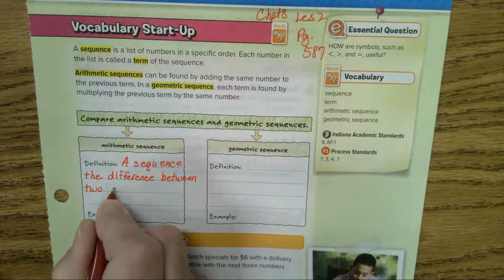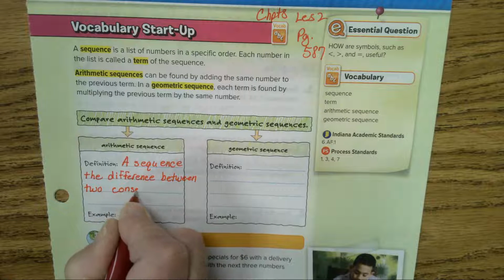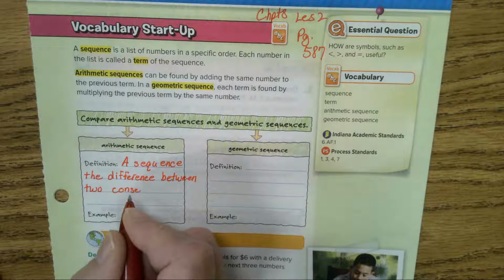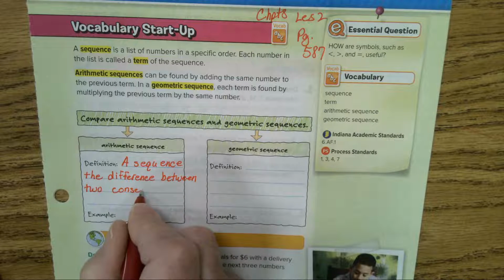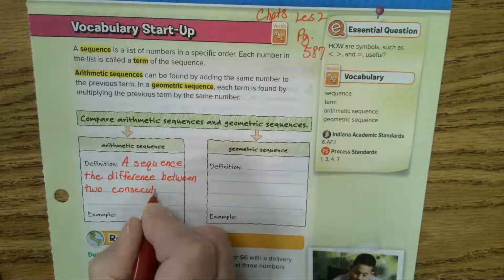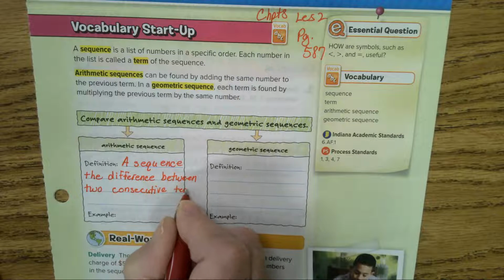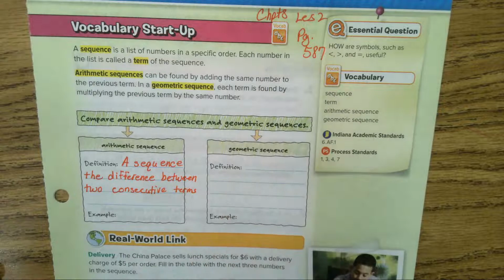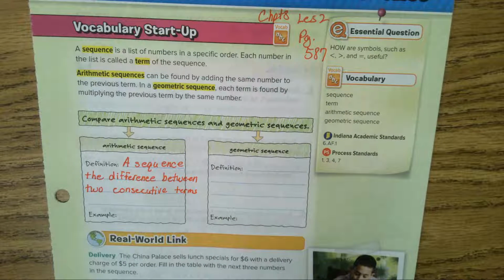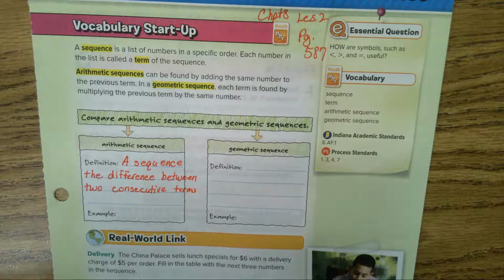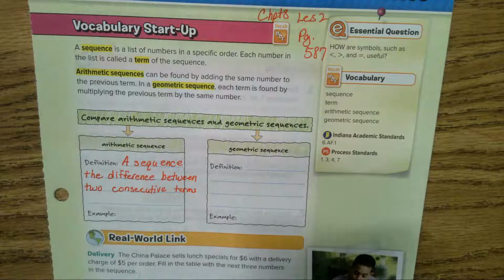Now, does anyone know what the word consecutive means? This is important in this definition. It means they're side by side, consecutive terms. In numbers, 1, 2, 3 are consecutive because they're right beside each other. 5, 6, 7 are consecutive numbers. That's what the word consecutive means.